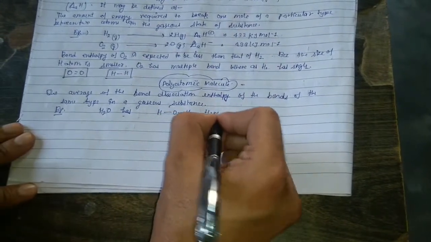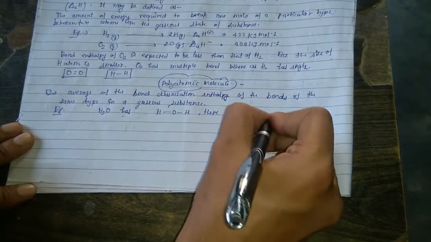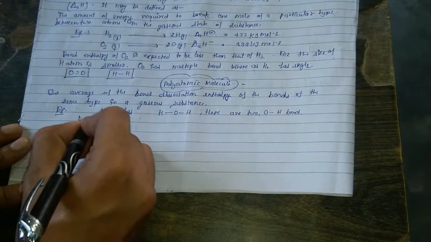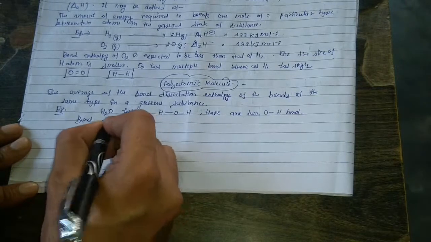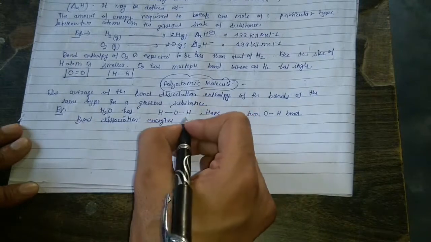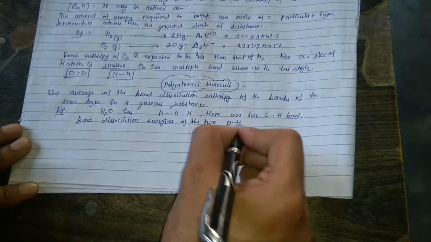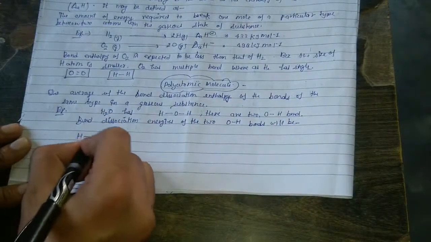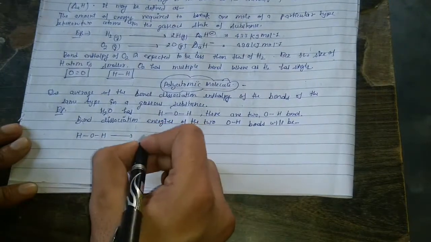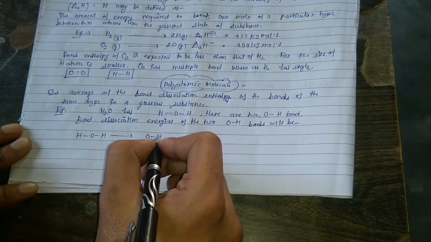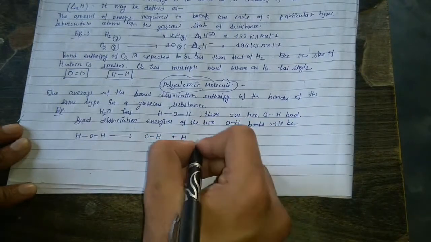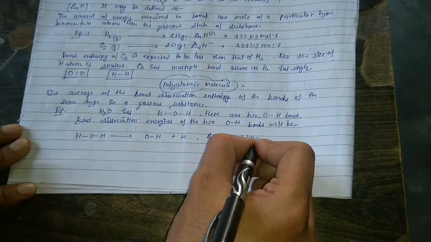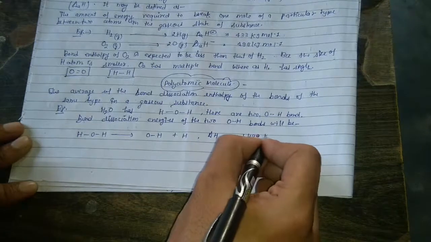So there are two oxygen-hydrogen bonds. The bond dissociation energies of the two hydrogen and oxygen bonds will be as follows. H-O-H converts into O-H and H, in which the dissociation enthalpy will be positive 498 or 498 kilojoule.